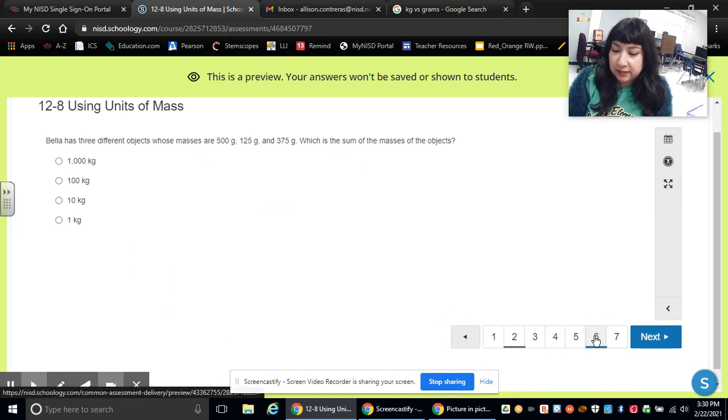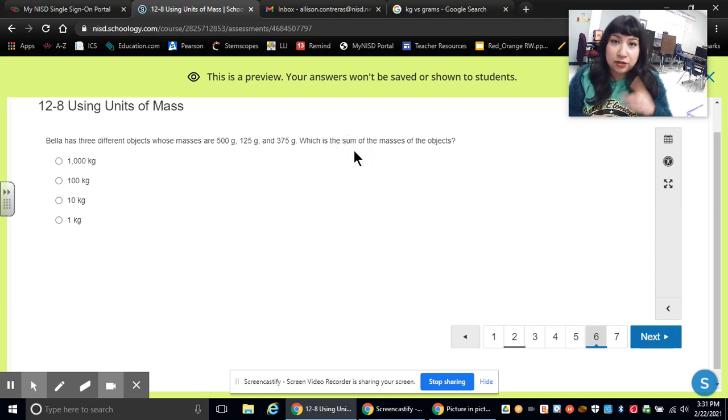Two more. Number 6. Bella has 3 different objects whose masses are 500 grams, 125 grams, and 375 grams. Which is the sum of the masses of the objects? So what does sum mean? Does that tie to addition, subtraction, multiplication, or division?